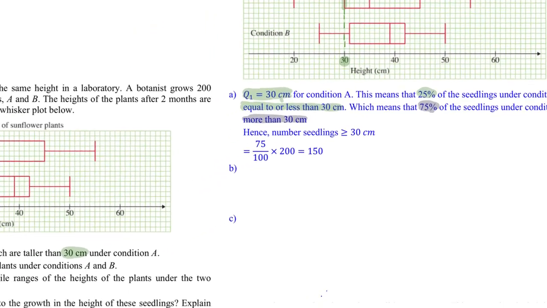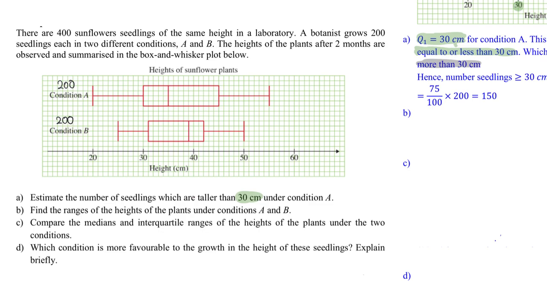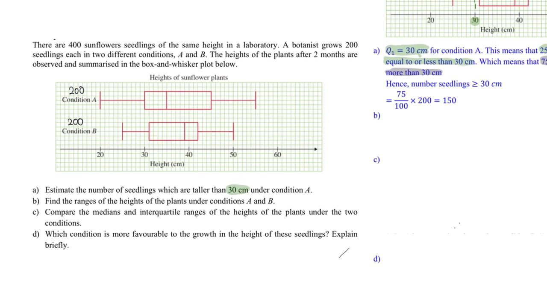Part B, though, is a relatively straightforward question where we just need to find the range of the plants under condition A and B. So I just need to find their respective minimum and maximum.